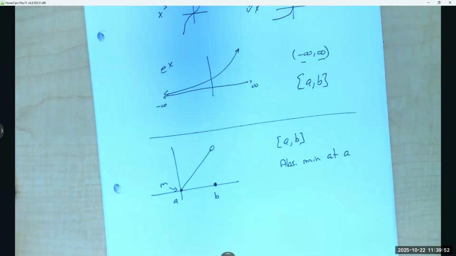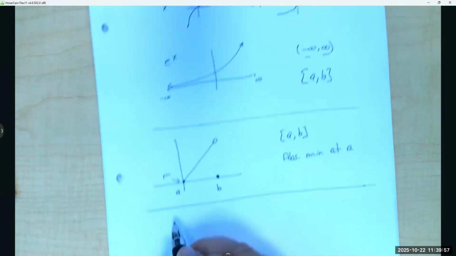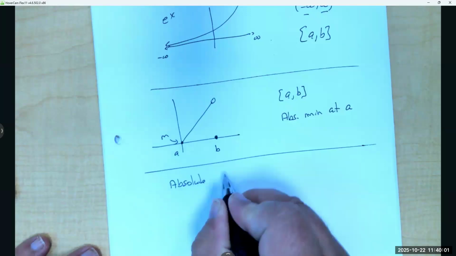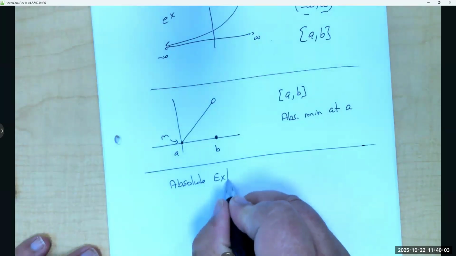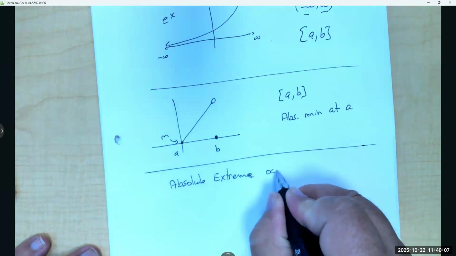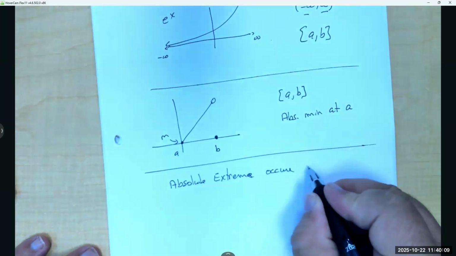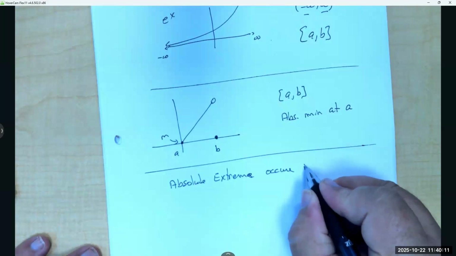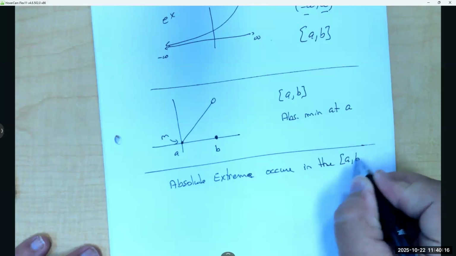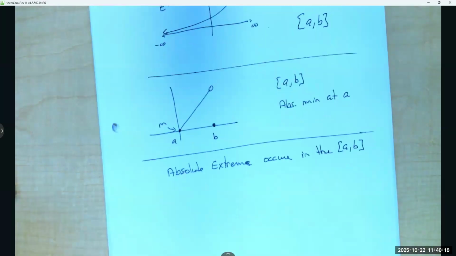So those are absolute. Absolute extrema occur in the interval. How many times do they occur?